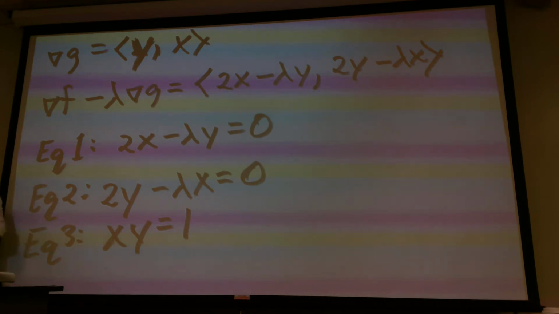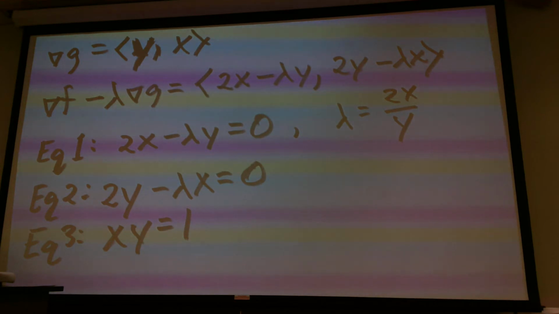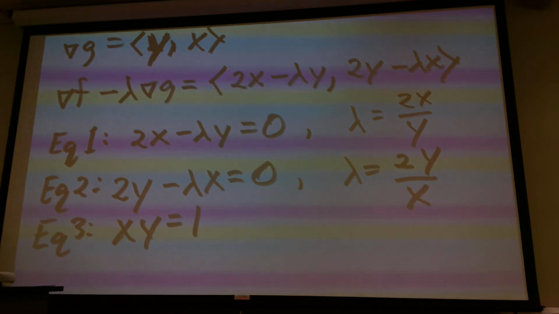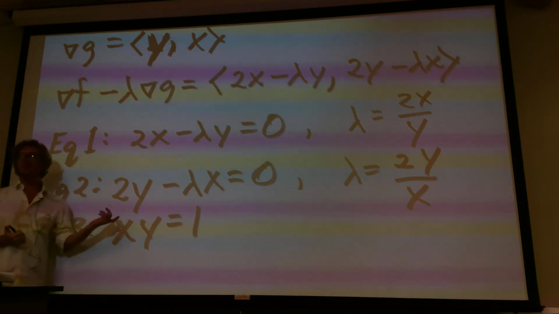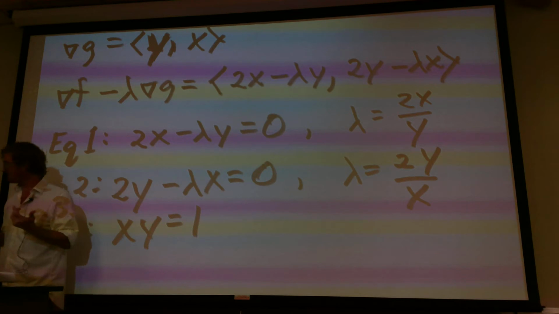So equation 1 would mean that lambda equals 2x divided by y, and equation 2 would mean that lambda equals 2y divided by x. Since we solved for lambda in both of these, we're going to set them equal to each other.